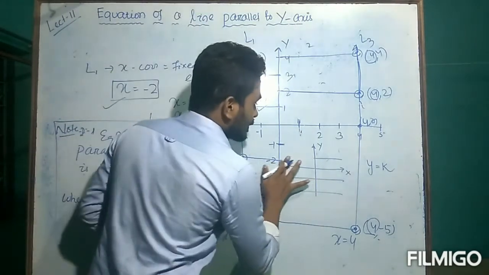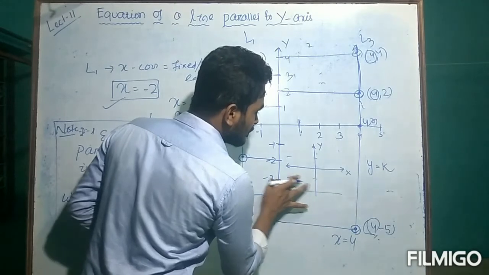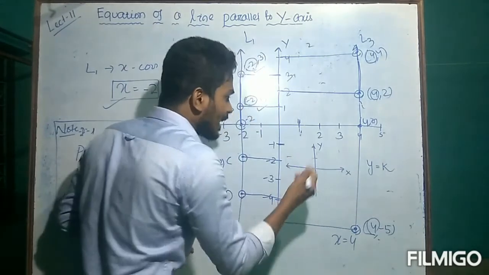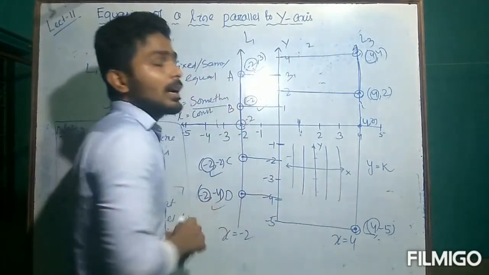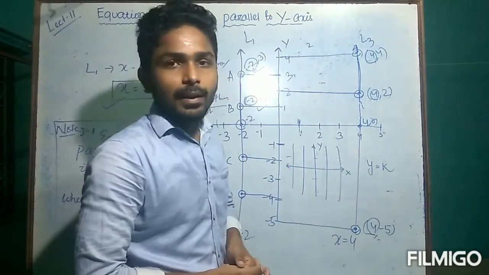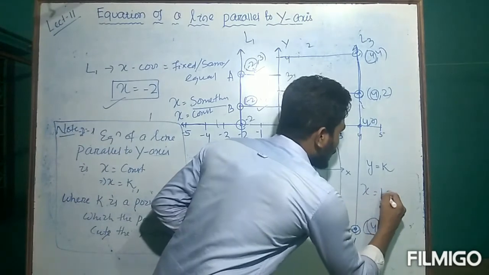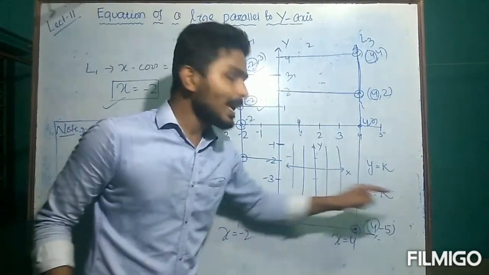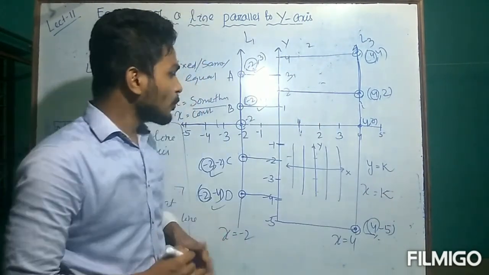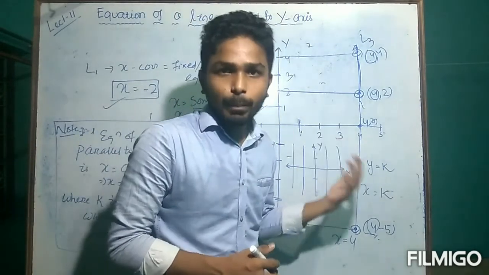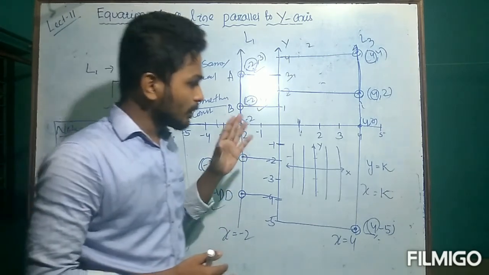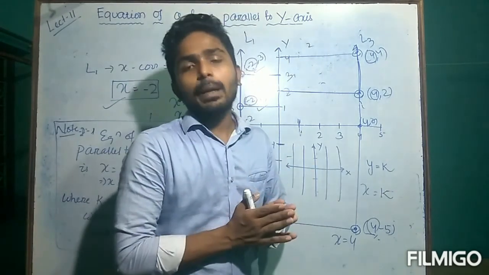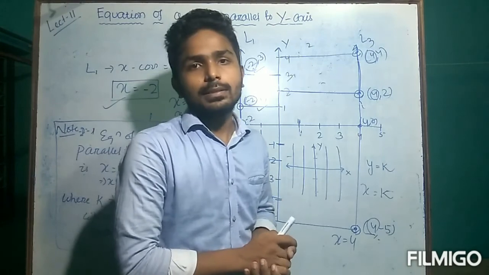Similarly, if this is the Cartesian coordinate system and you draw any line parallel to the y-axis, then the equation of those parallel lines is x equals k. What is k? k is the point where those parallel lines cut the x-axis. So these are the basic concepts of lines parallel to the x-axis and y-axis.